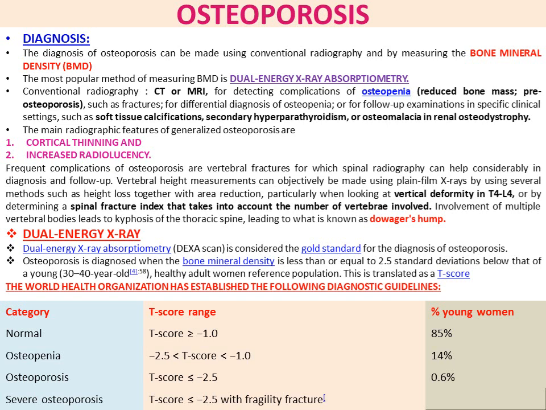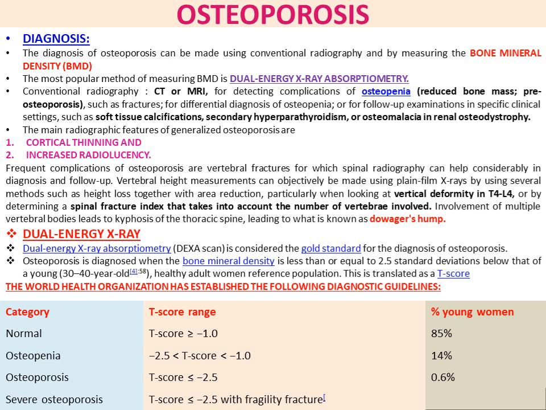The World Health Organization has established the following diagnostic guidelines. Category, T score range, and percentage of young women affected. Normal: T score is greater than or equal to -1, and 85% of women are normal. Osteopenia: T score between -2.5 and -1, and 14% of women will get osteopenia at the age of 30 to 40 years.